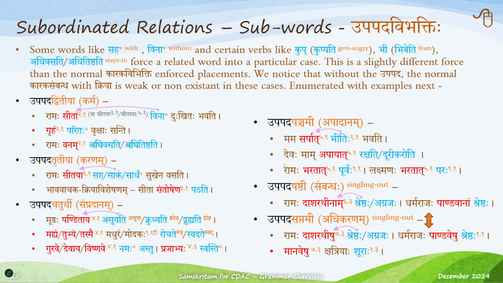So different, because a certain context is present, there is a certain vibhakti enforcement which we call subordinated relations, upapada vibhakti. In some cases there is a karaka force, in some cases it's clearly absent, as we can see earlier.